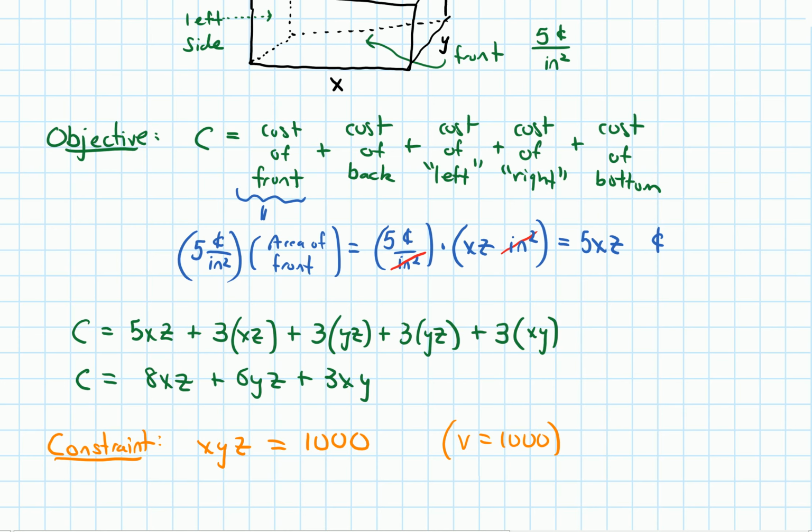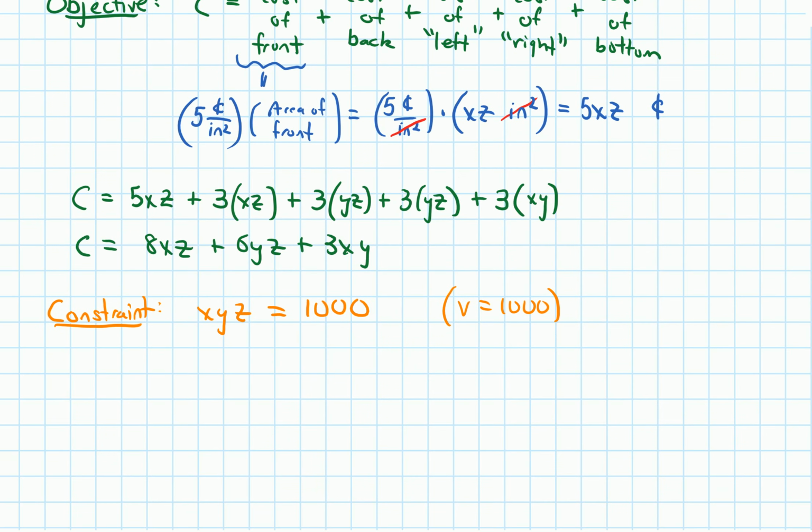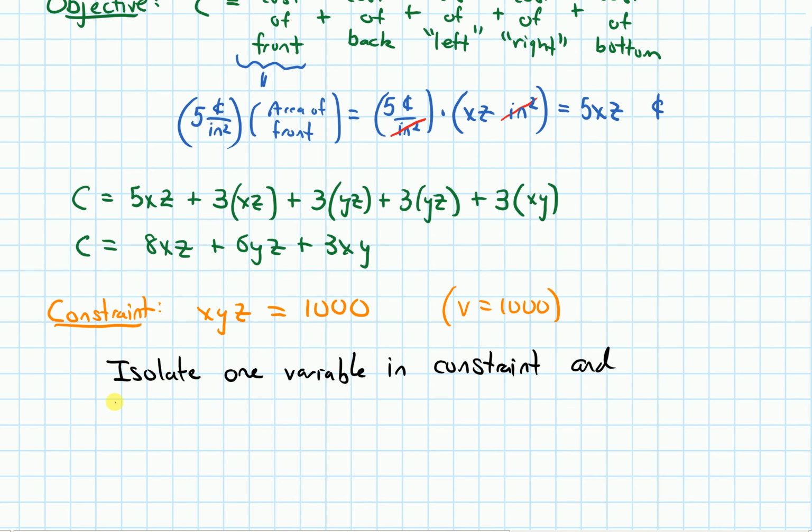Okay, so we have our objective, this cost function, that we want to minimize in this question. We want to find the smallest possible cost. And we have this constraint. So if we follow our idea of when we substituted before in our previous videos, we would isolate one variable in the constraint equation, and substitute that into the objective.